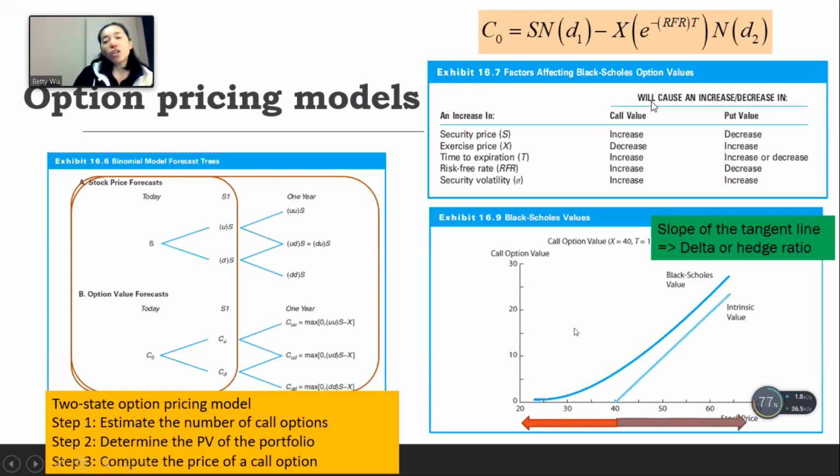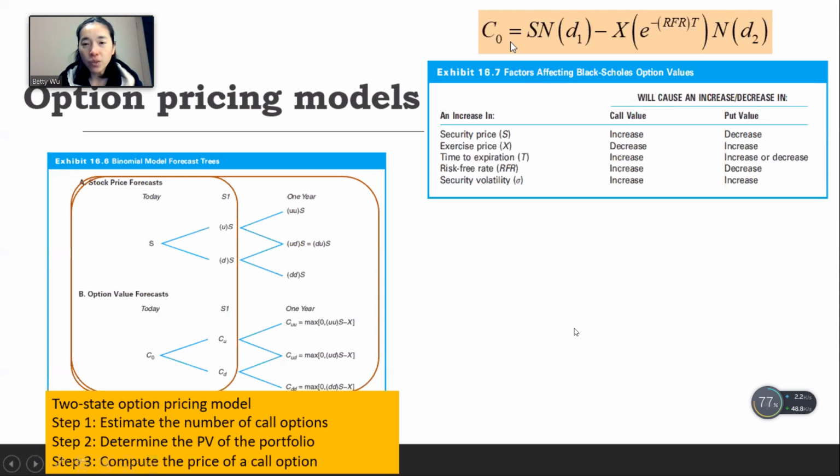All right. So now you see that the call depends on S, on D1, and D1 has some variables behind it: the exercise price, time to expiration, and other things. I wouldn't say hidden, but there are some variables behind D1 and the exercise price. These variables affect call option value and also put option value.